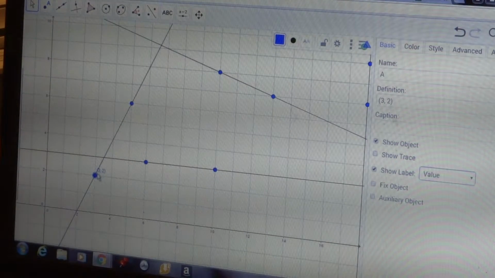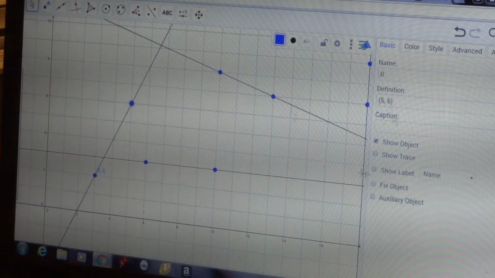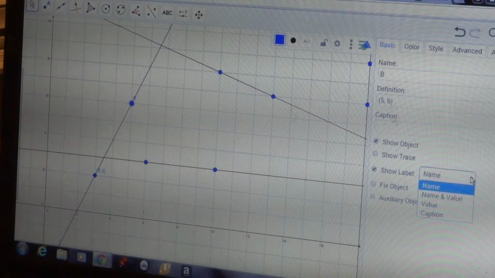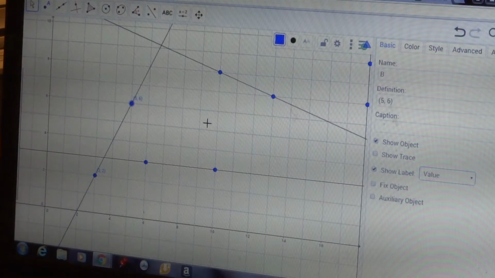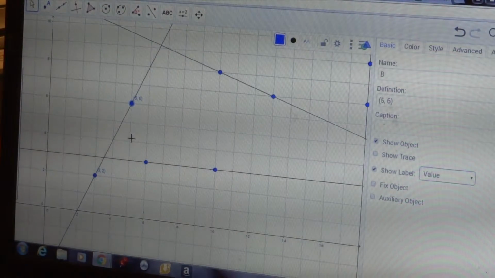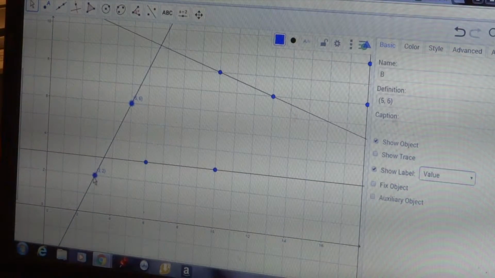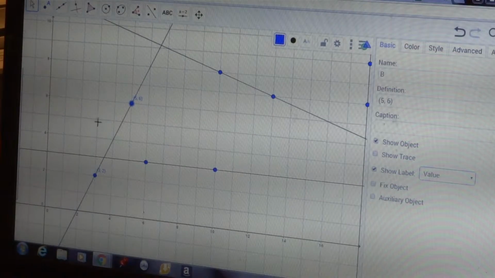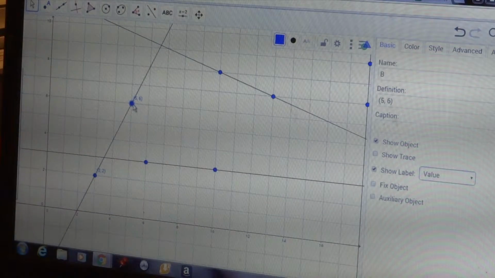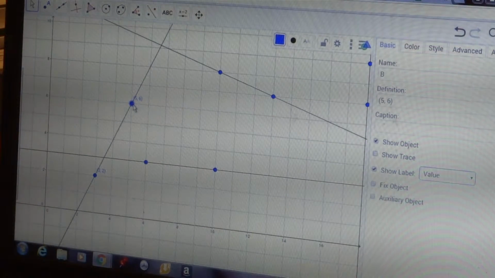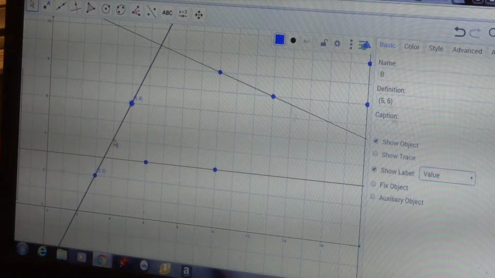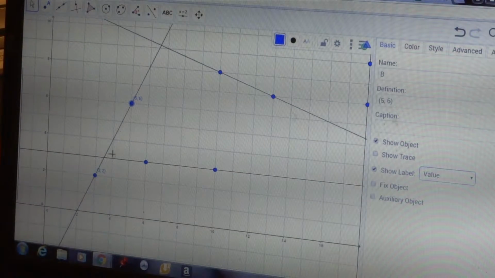So this has the point 3,2, and then also on this line we have the point 5,6. From what we did earlier, I was talking about rise over run. Well, I already can count that this has a rise of 4 and a run of 2, which simply reduces to 2 over 1.